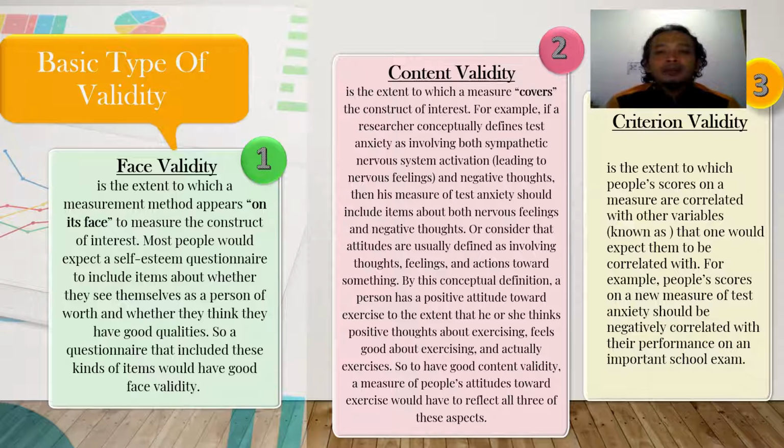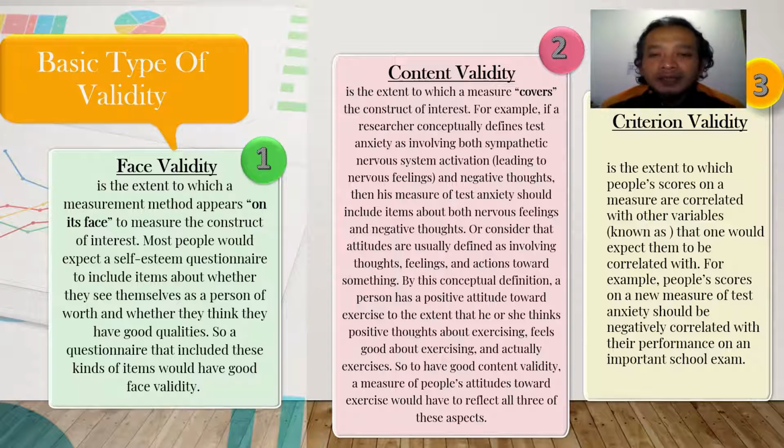For example, if a researcher conceptually defines test anxiety as involving both sympathetic nervous system activation and negative thought, then its measure of test anxiety should include items about both nervous feeling and negative thought. Or consider that attitudes are usually defined as involving thought, feeling, and action towards something.